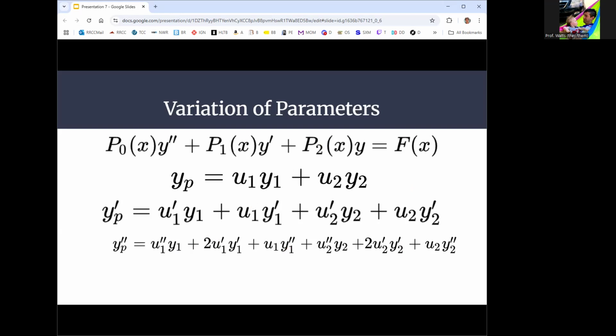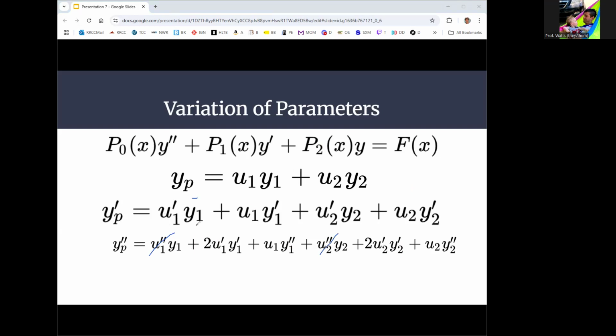In particular, the second derivatives here are problematic, u1 double prime and u2 double prime. And so the way to get rid of those is really to cut them off right here.